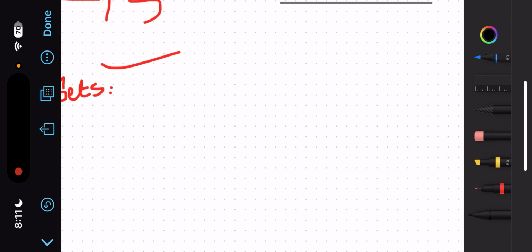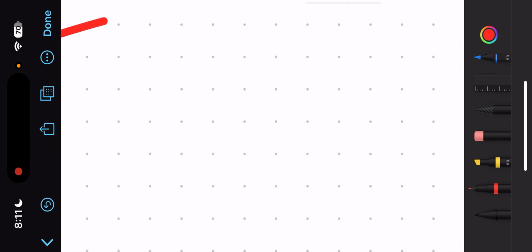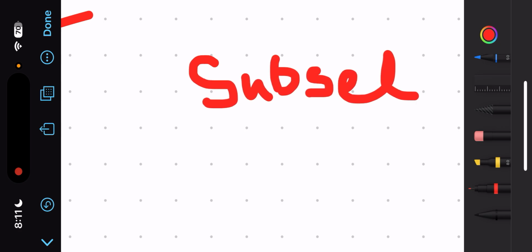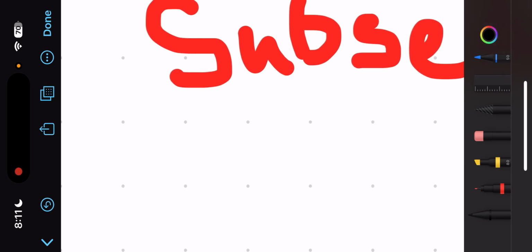Now we will move toward another topic that is known as subset. What is a subset? Take a set A and a set B. If all the elements of set A are present in set B, then set A is called a subset of B. Before starting that, I have to tell you the sign of subset. It is drawn like this.